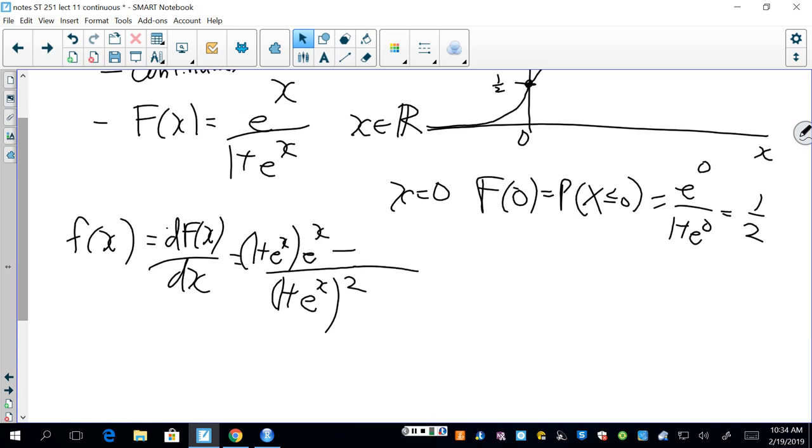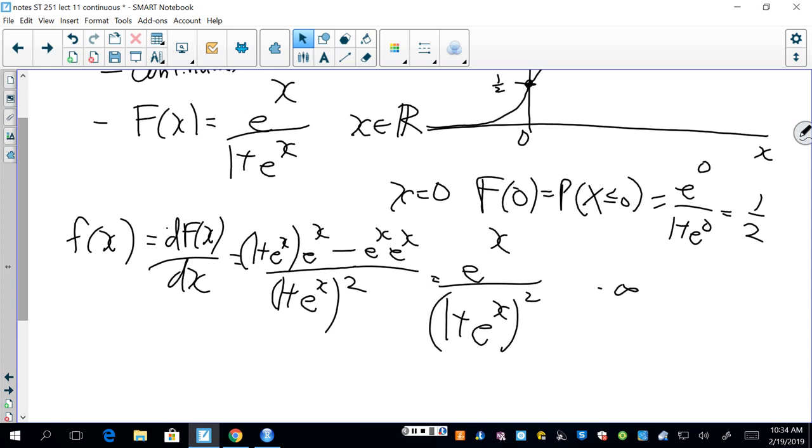And we subtract the numerator times the derivative of the denominator, which is just e to the x again. So we get a little bit of cancellation. There's an e to the x here, and a minus, so that goes away. And so we're left with e to the x over 1 plus e to the x, squared, as the probability density function.